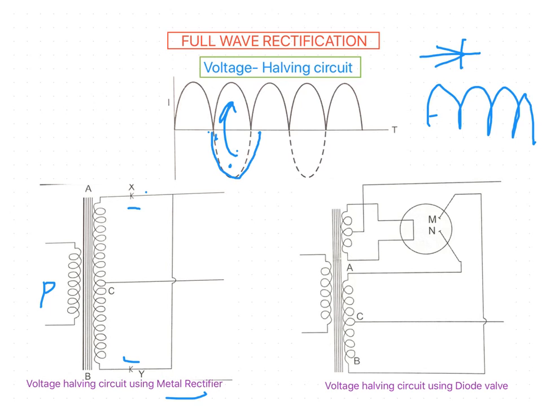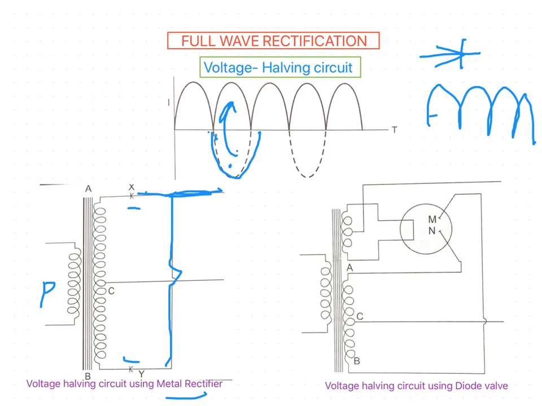Both rectifiers are arranged to allow current to pass in one direction, and both are connected to the same lead of the output circuit. X and Y are connected to a single output circuit, the same lead.